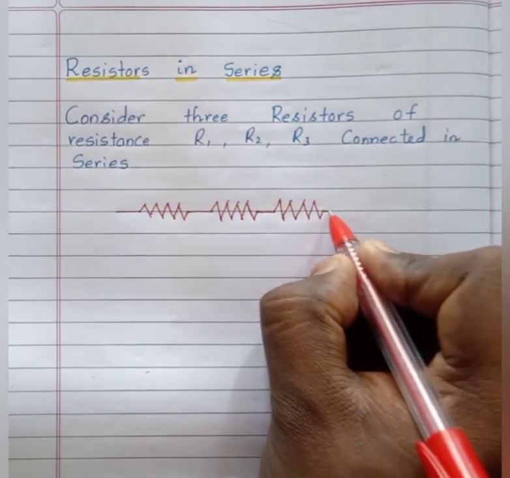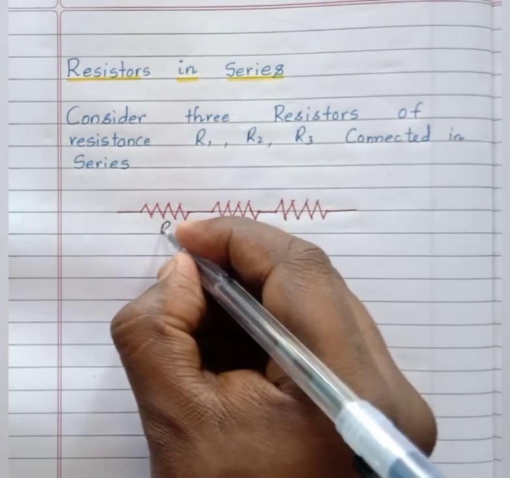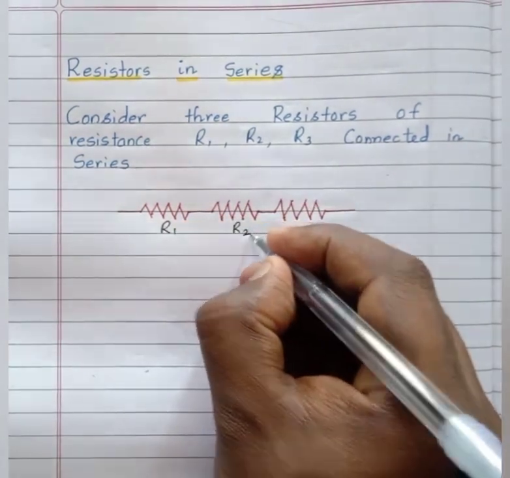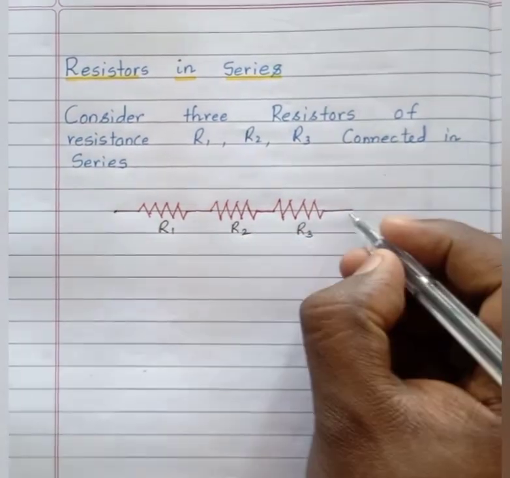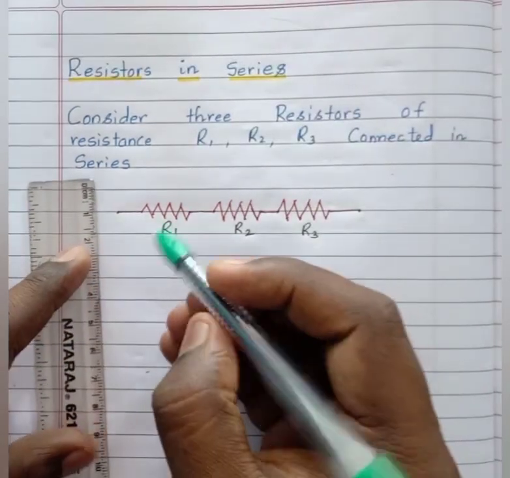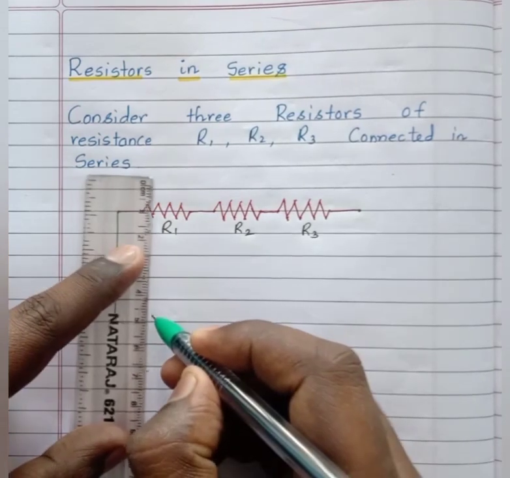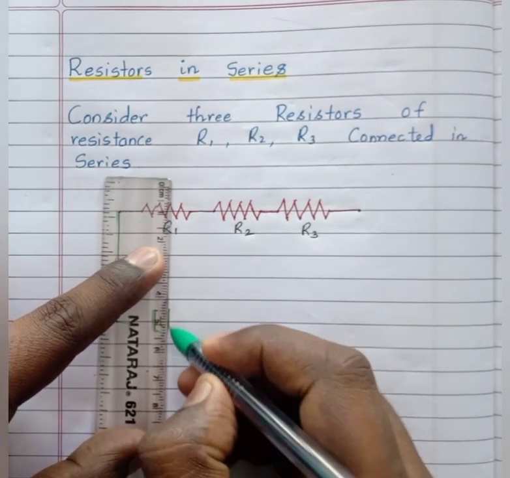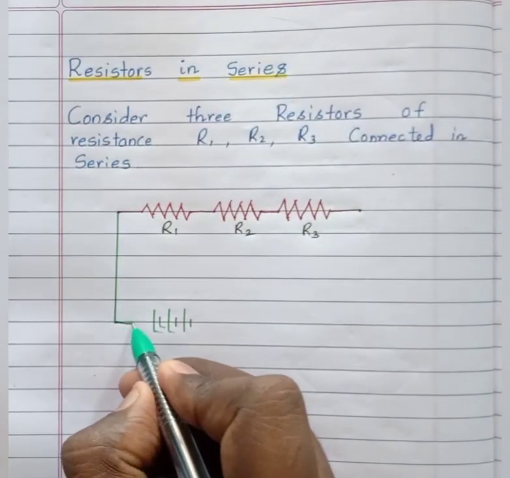Now these three resistors are connected to a battery, a key, ammeter and a voltmeter. Ammeter is used to measure the current. Voltmeter is used to measure the voltage drop across each resistor.